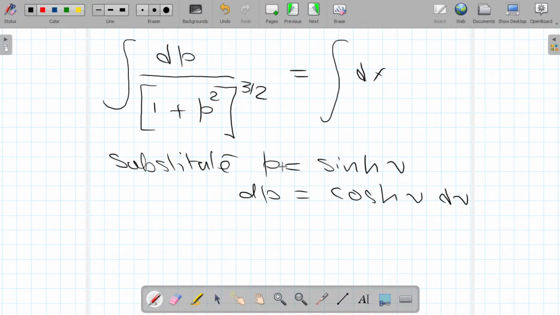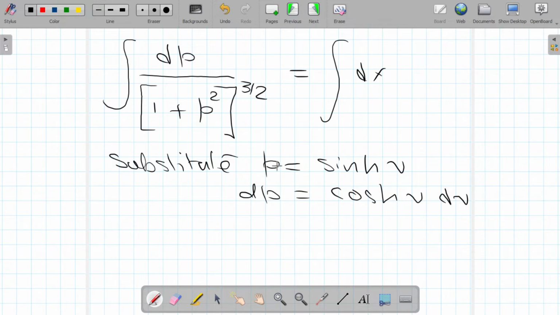I shall refer to the hyperbolic sine as shine and the hyperbolic cosine as cosh or cosine.